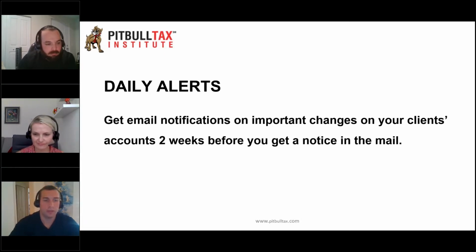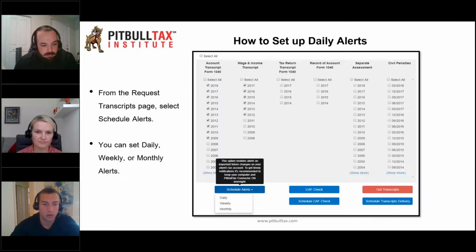All right, so one of the other main benefits of pulling transcripts through our software versus just using TDS is the daily alerts that our software will give you. So you'll get email notifications on important changes on your client's account 2 weeks before you get a notice in the mail. If you go to our transcript request page here, you'll see in the top left of the buttons there, schedule alerts.